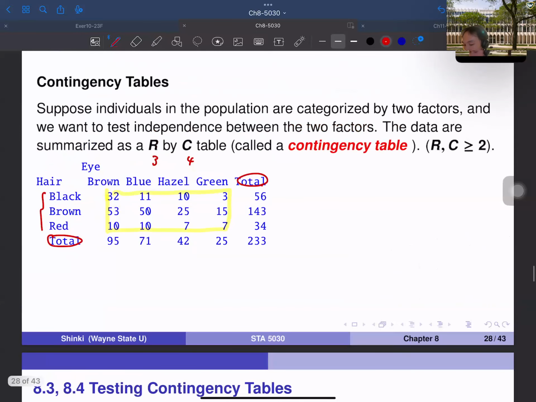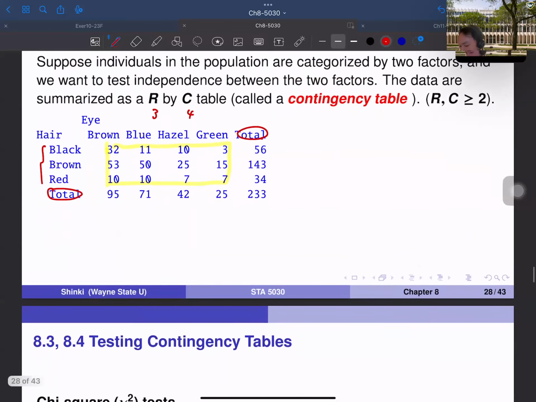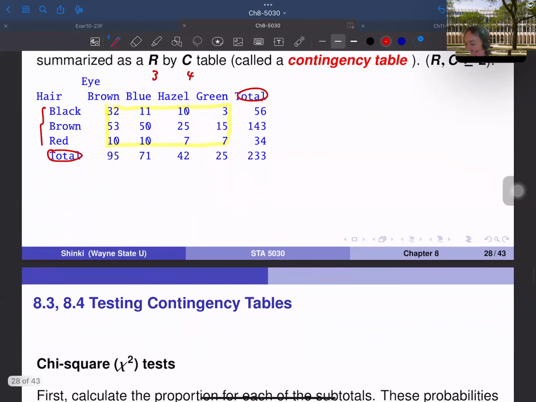Remember that this is a table for the hair color and eye color of statistics graduate students at a university many years ago. You can see that, for example, the combination of black hair and green eyes is relatively rare: of the 25 students who have green eyes, only 3 have black hair.